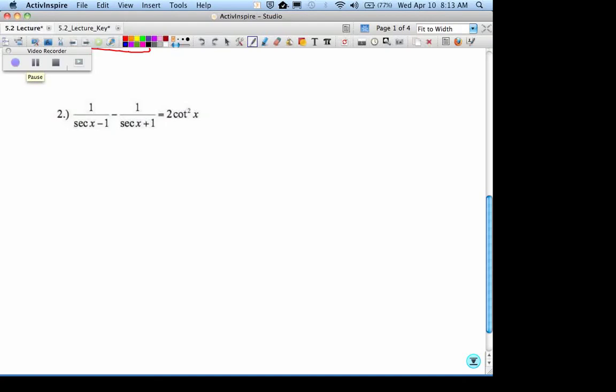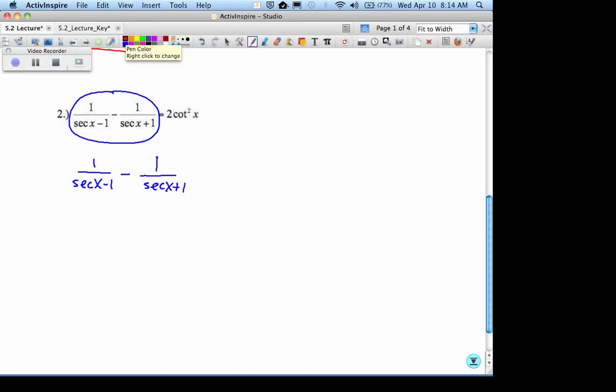Which side looks more complicated? Left side. Okay, so let's put a circle around this one. What I'm going to do is take the denominators, top and bottom, on the other side.